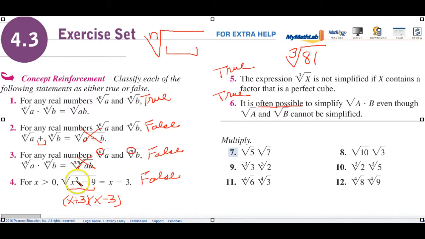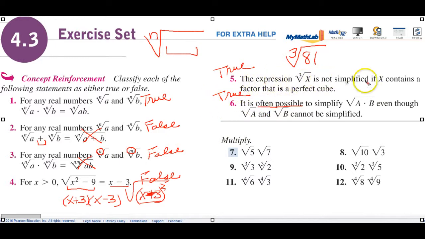Now if this were a perfect square trinomial, that would factor into, let's say, x plus 3 or x minus 3, the quantity squared, then the square root of this would be that over here. So that's false. All right, we've had 3 false already.